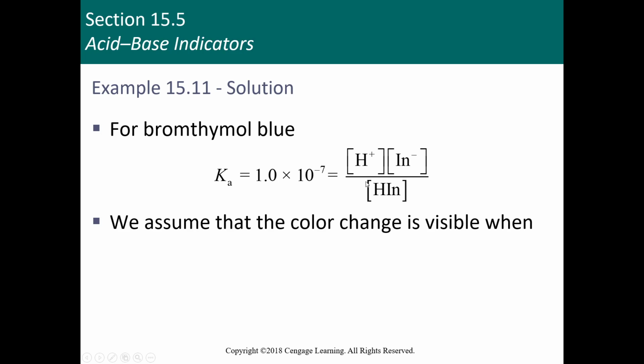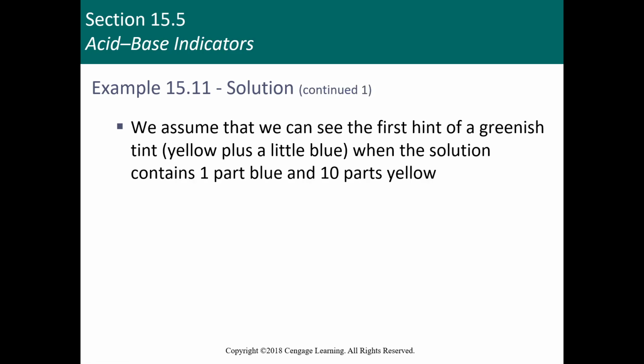And so we can assume that our color change is visible when we have about 1 in 10. So you have one of these for every 10 of these. That should be a visible color change. So we assume that we can see this first hint of greenish tint. So we will be going from yellow to light blue when the solution contains 1 part of blue and 10 parts of yellow. And that would show us a green color.